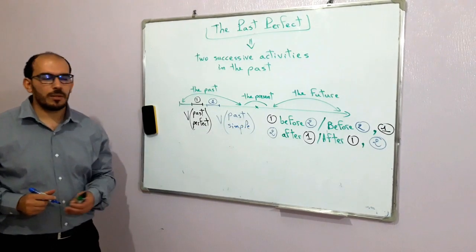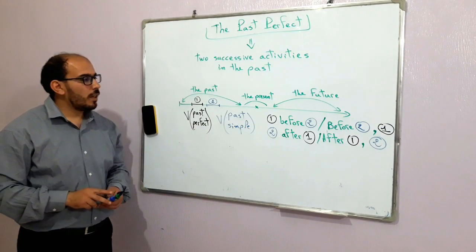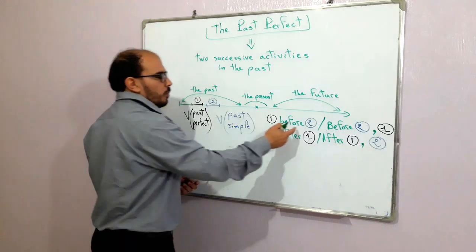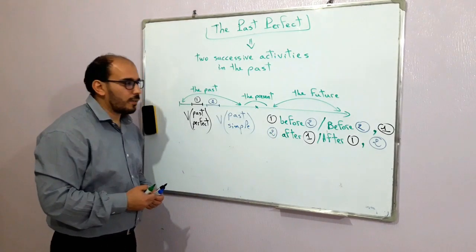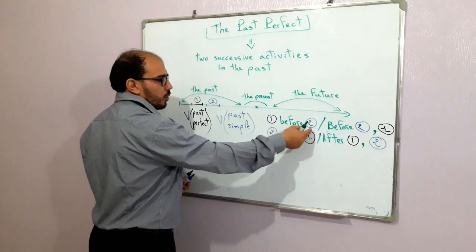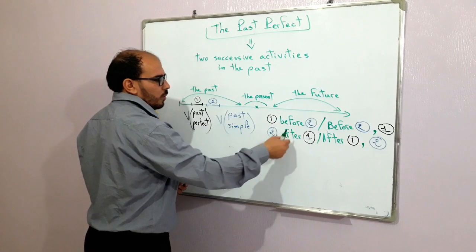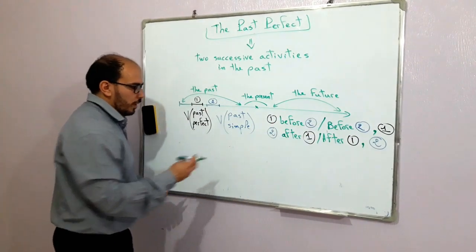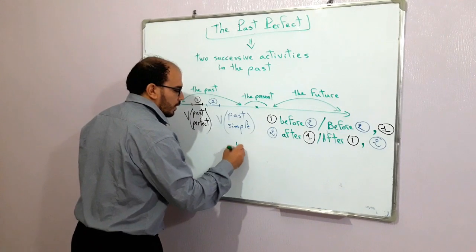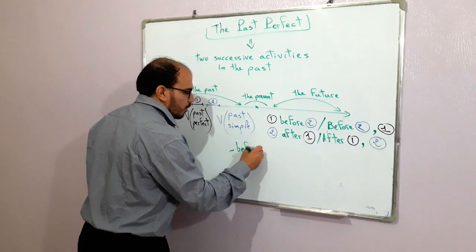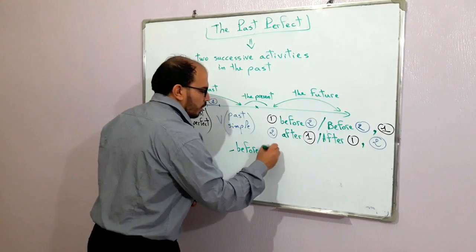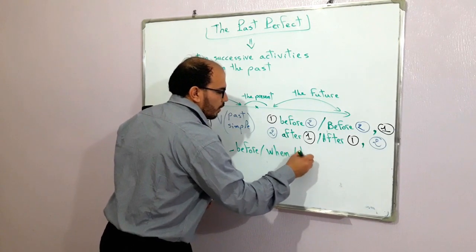It's like the example that we have just seen. And we use before or after. So we have one before two, or we say two comes after one. Just something to mention here is that we don't have only before, so we can use before, we can use when or by the time.